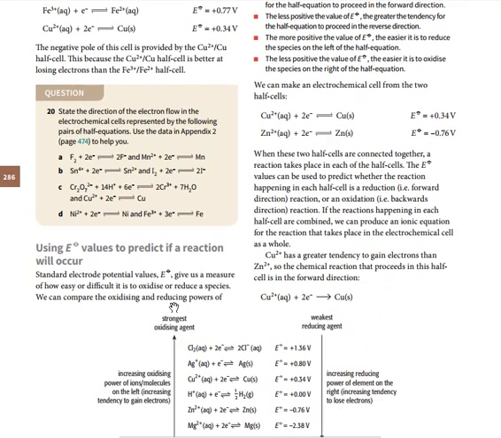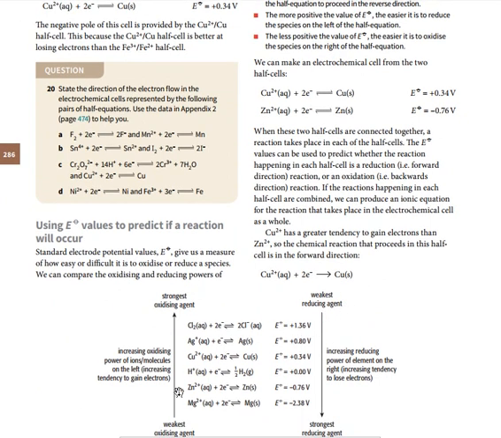So now this is how to visualize. So now let's see some examples. You need to know that the more positive you are, the stronger an oxidizing agent you are, and the more negative you are, the stronger a reducing agent you are. So that's why manganese, which has an EMF of negative 2.38 volts on a half cell, a standard electric potential, is going to be more reducing compared to zinc, which has a standard electric potential of negative 0.76 volts.